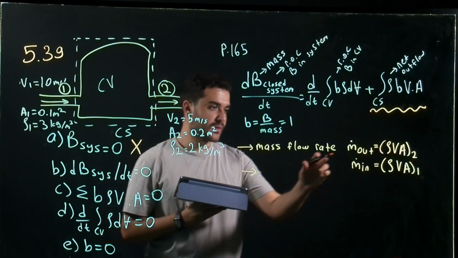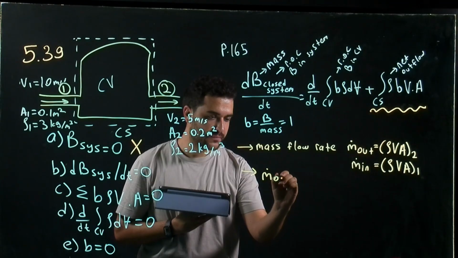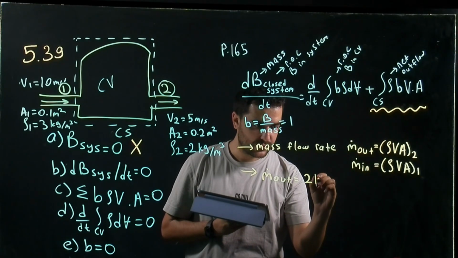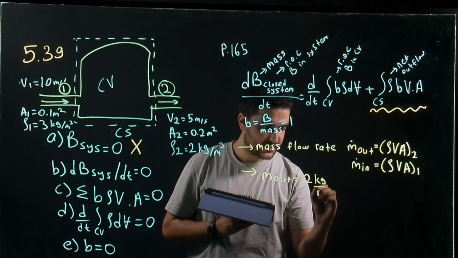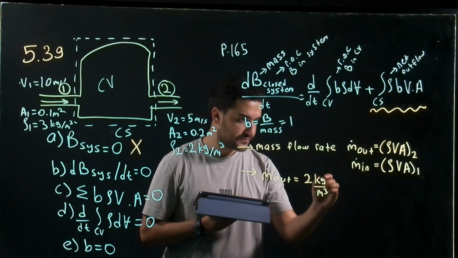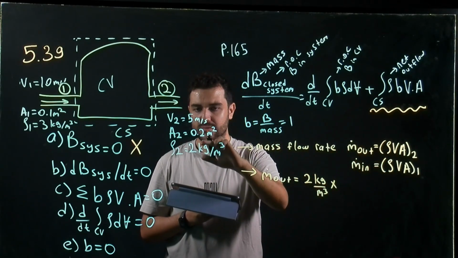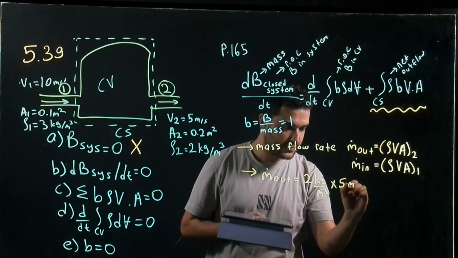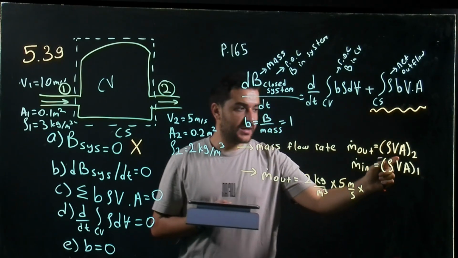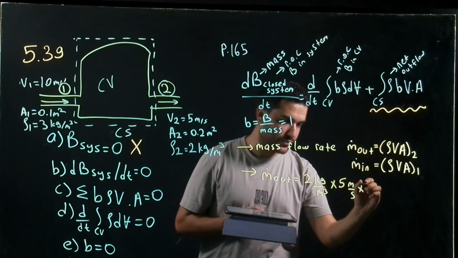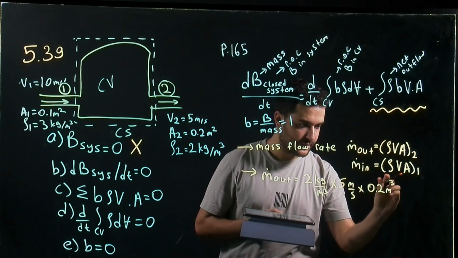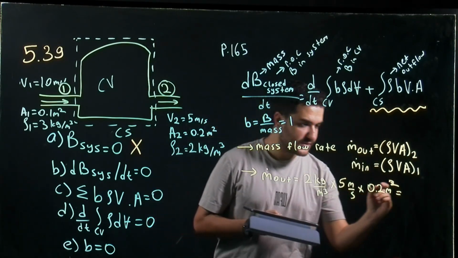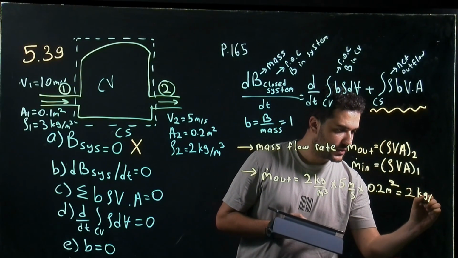From here, the out mass flow rate will be equal to rho, which is 2 kilograms per cubic meter, times velocity, which is 5, and finally area, which is given as 0.2 square meter. And this gives 2 kilograms per second.